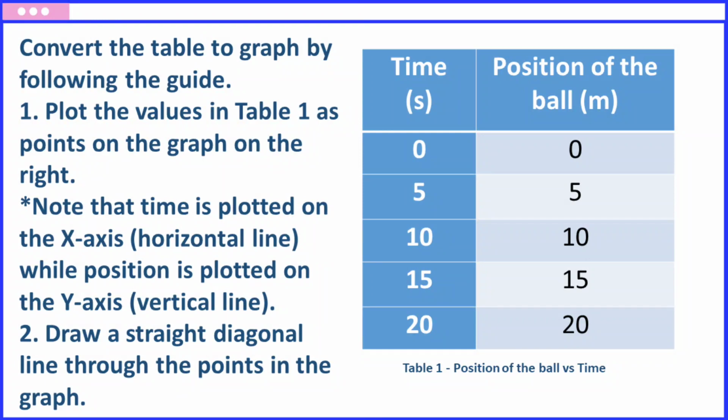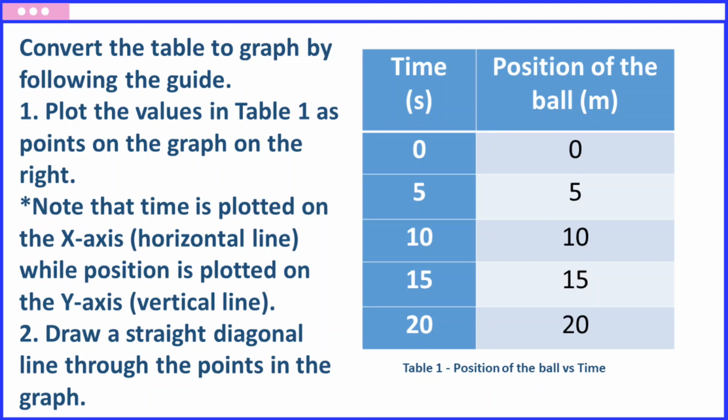Let us convert the data on table number 1 to graph by following the guide. First, plot the values in table number 1 as points on the graph na gagawin nyo mamaya. Take note that the time is plotted on the x-axis or the horizontal line, while the position is plotted on the y-axis or the vertical line.